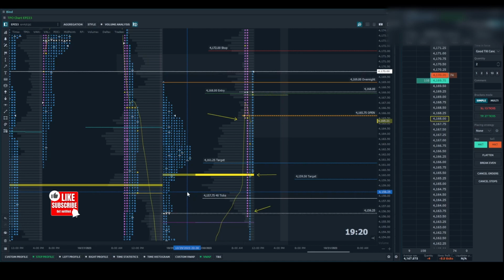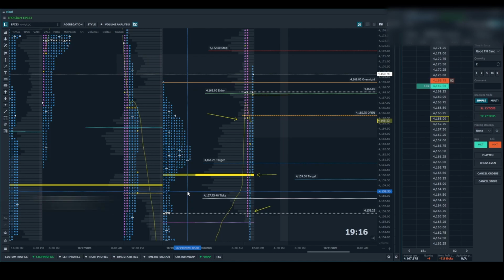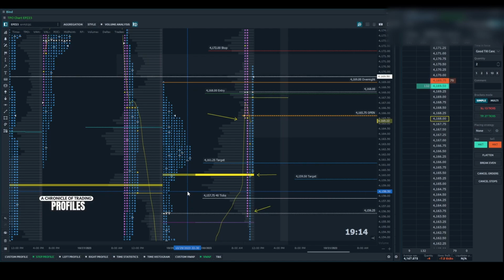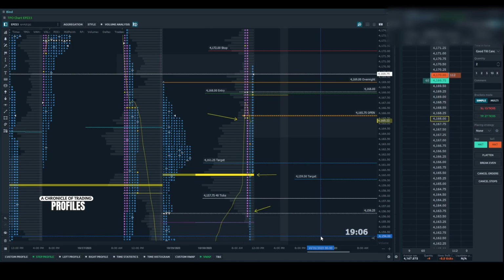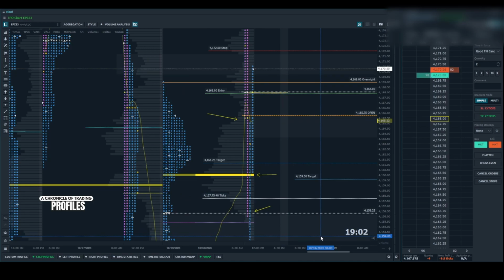Starting to test that low volume node there. I think the people that were buying in D period and possibly C period there, that was their target, was that overnight high. That's why I was comfortable getting in this.